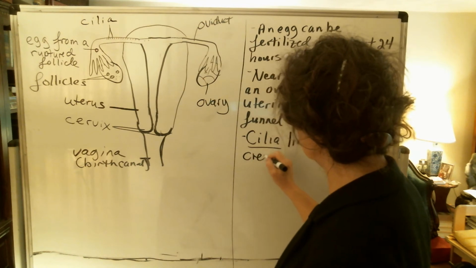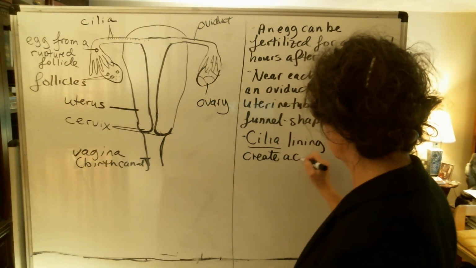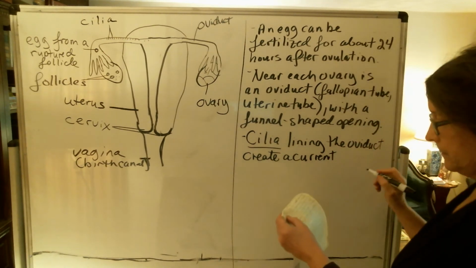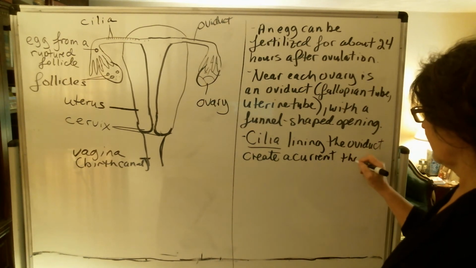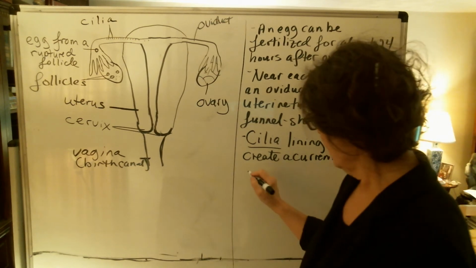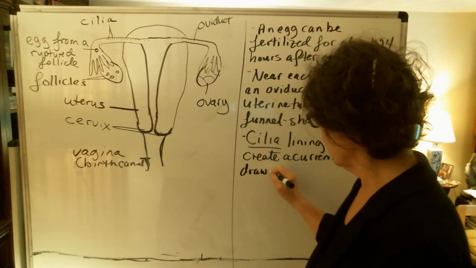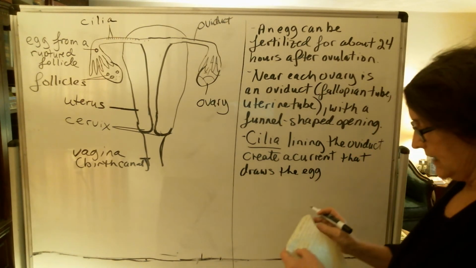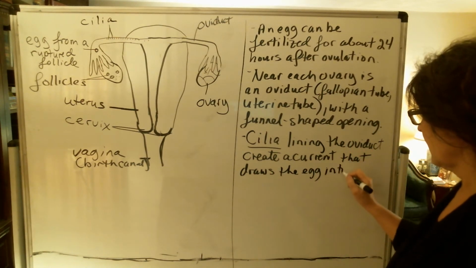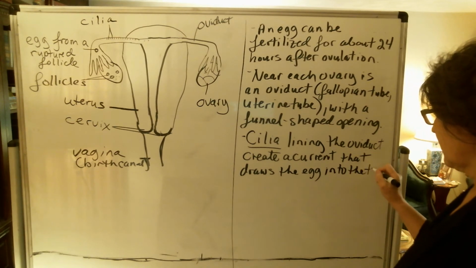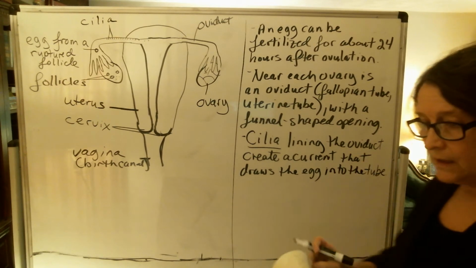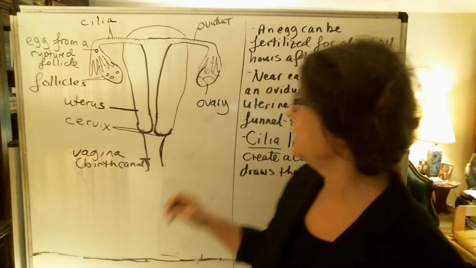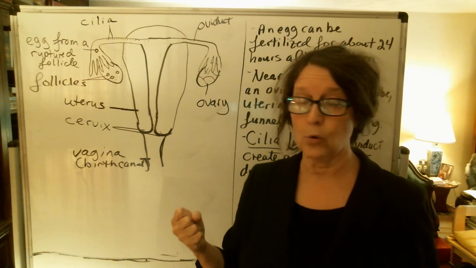And these create a current that draws the egg into the tube. So basically what happens, remember this is what happens when you are dealing with cilia in multicellular organisms.